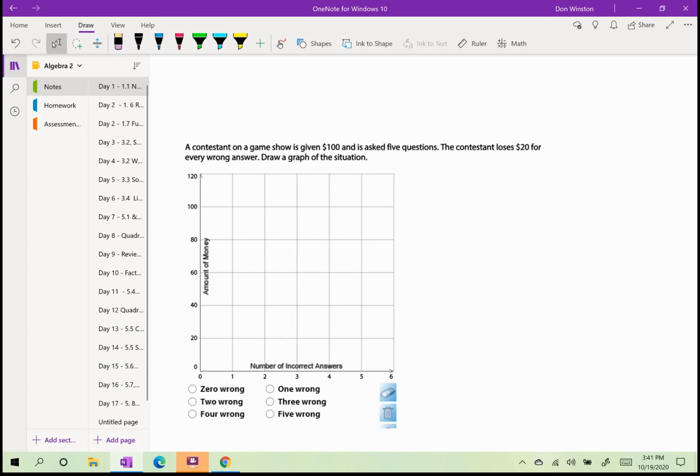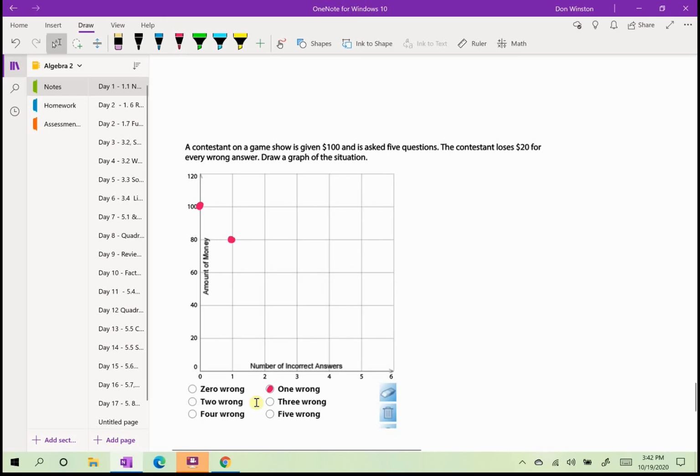Okay, so what you would do is click on 0 wrong, that radio button, and if they answered 0 wrong, they get $100. So you would plot a point there. If they got 1 wrong, you click on that radio button, and they would now have $80, 100 minus 20.